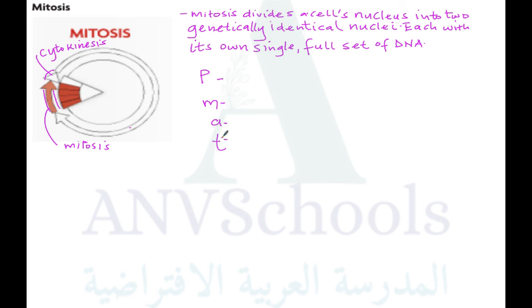P for prophase, M for metaphase, A for anaphase, and T for telophase. So these are the four main divisions. We will discuss them in detail.